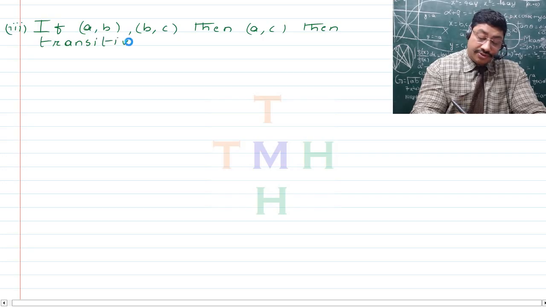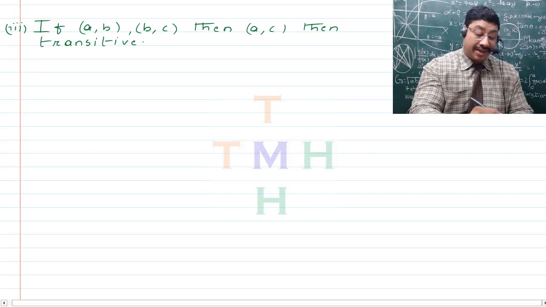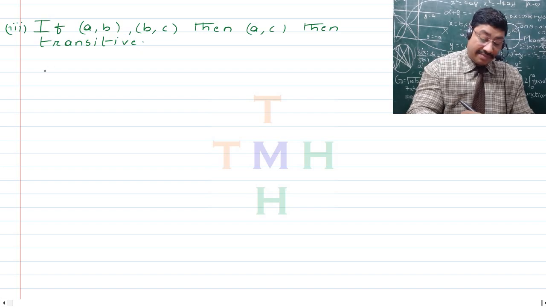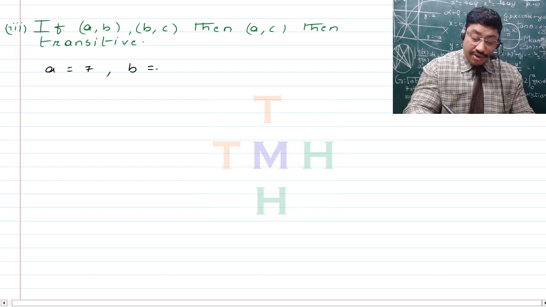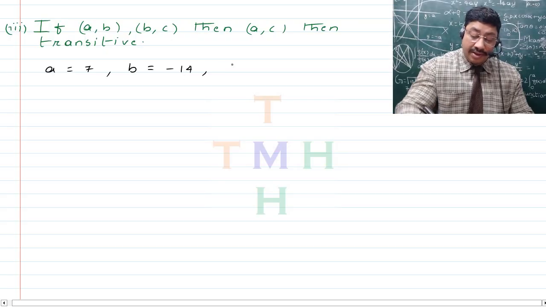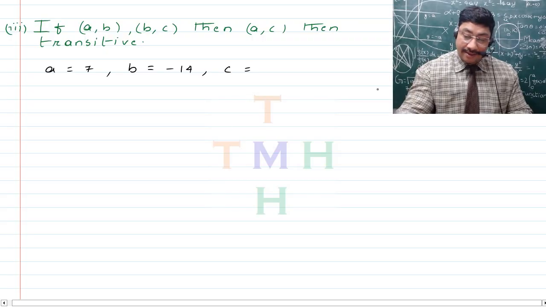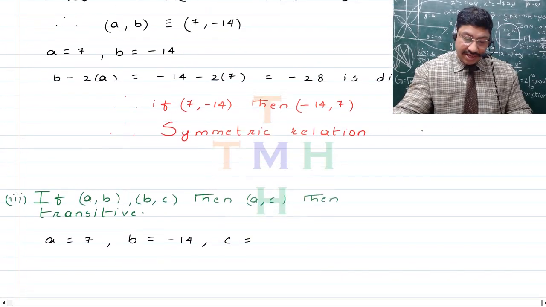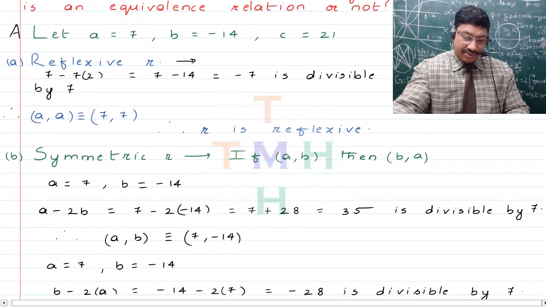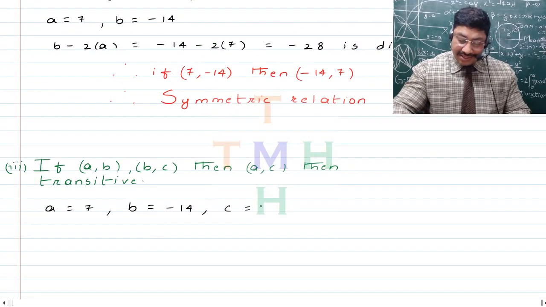Okay, so here children what we're going to do is pick up the values that we've already taken for a, b and c. We have the value of a to be 7, remember, the value of b to be minus 14, remember, and the value of c is equal to 21 if I remember correctly. So let me quickly check. The value of c is indeed 21.